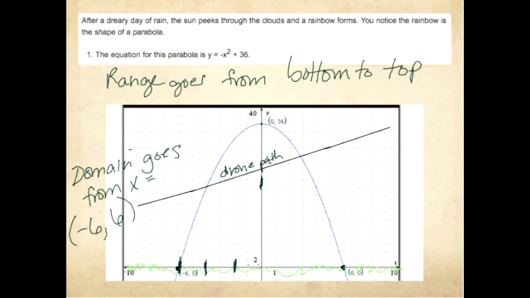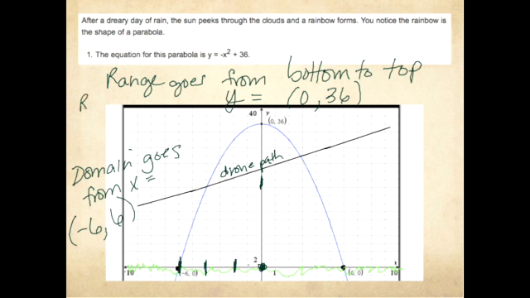So now I need for you to tell me, what is the lowest or the bottommost Y value? Down here, absolutely, 0. Boom. What is the highest? What is the greatest? The top would be 36. So my range, Y, is equal to 0 to 36.